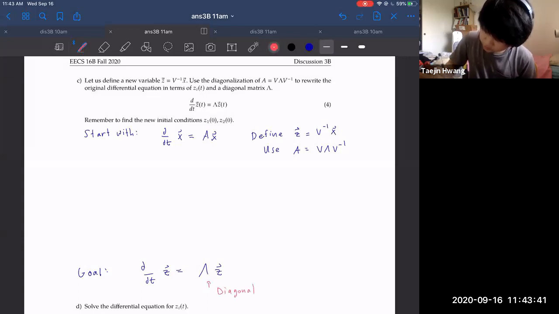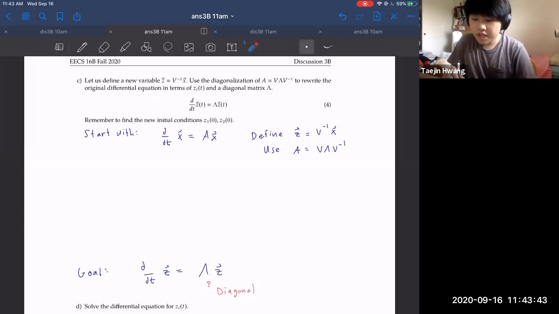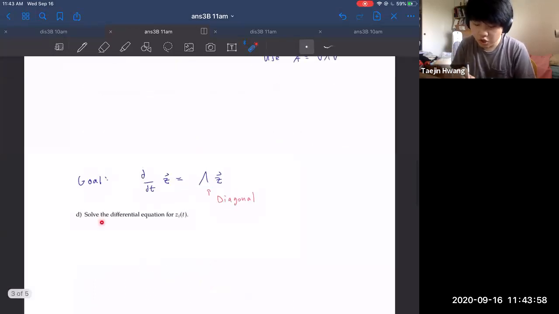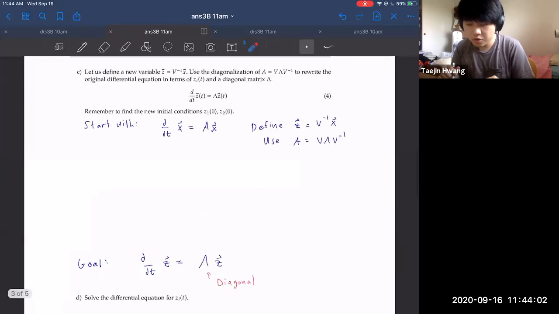So we want to take this vector differential equation and convert it into a vector differential equation where our matrix A is a diagonal matrix lambda. And then we need to solve the differential equation in terms of z_i, and that you should know how to do from all the scalar examples we've done in the past.